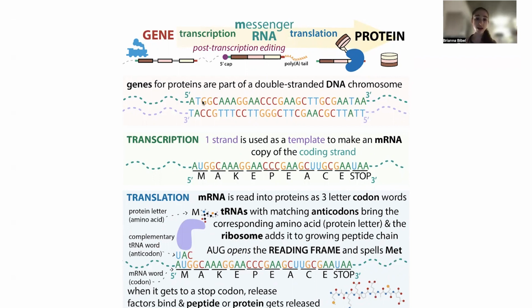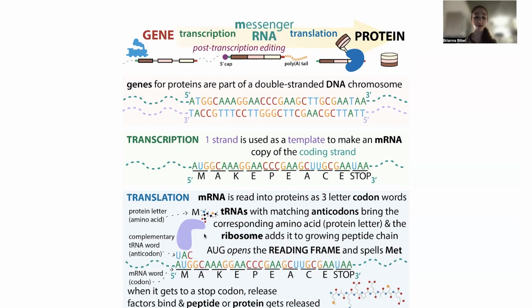Then a messenger RNA copy of that is made. And that messenger RNA copy is then used to make a protein. How protein making works is this process called translation, where the ribosome, this protein-making complex, travels along that messenger RNA and reads out the instructions, piecing together the amino acids it specifies in order to make a protein.